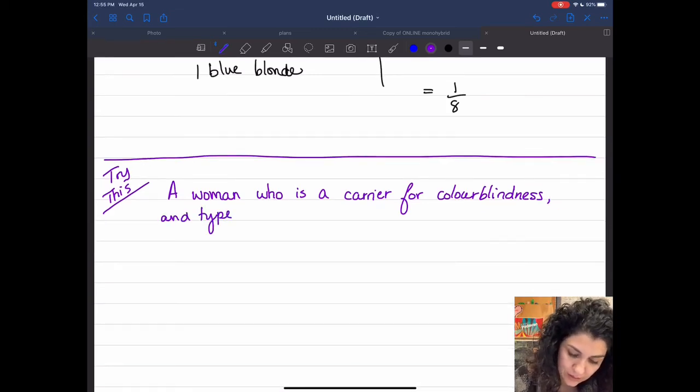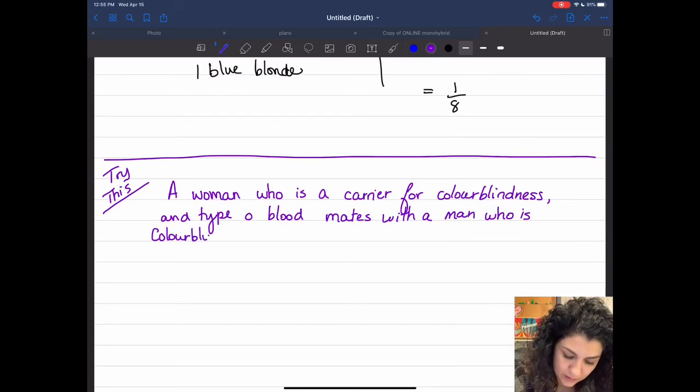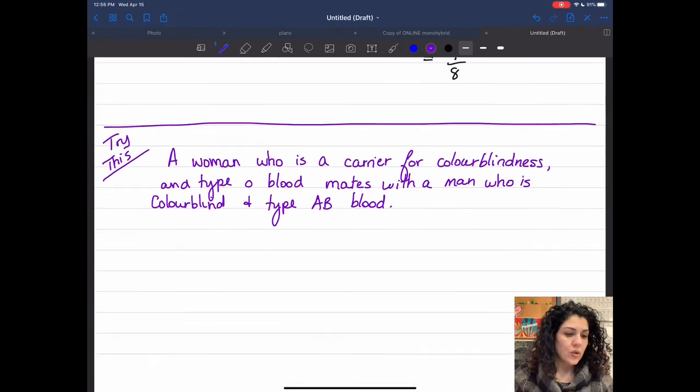And type O blood, mates with a man who is colorblind and type AB blood.